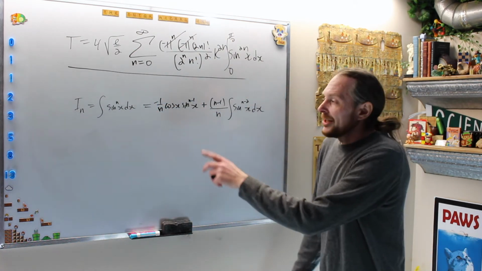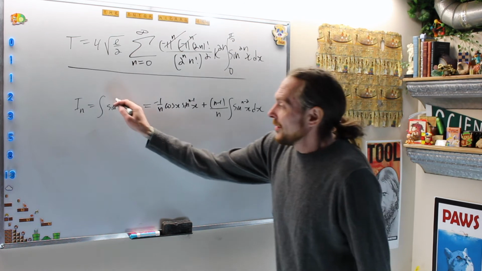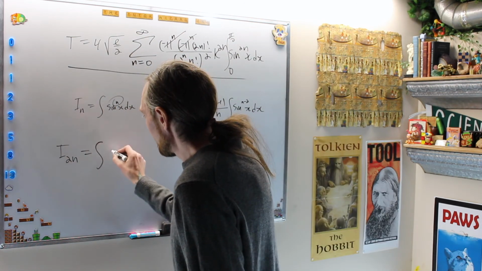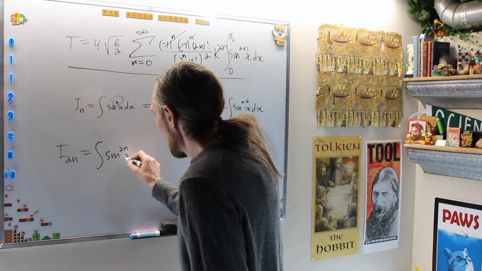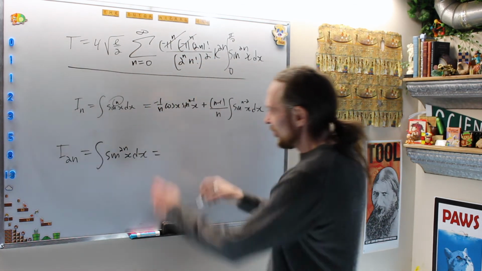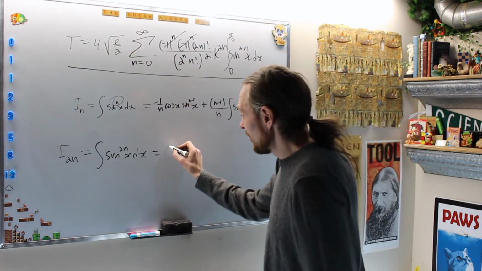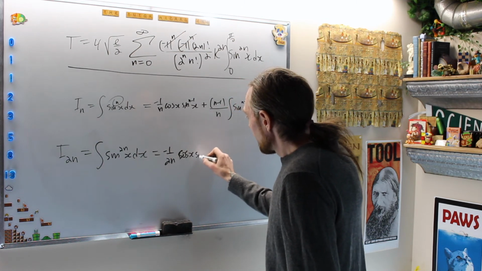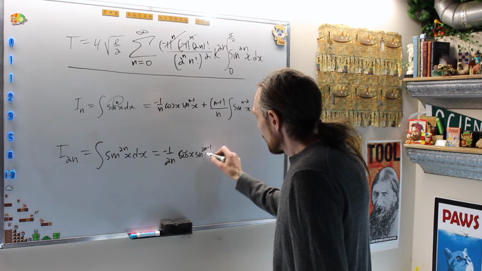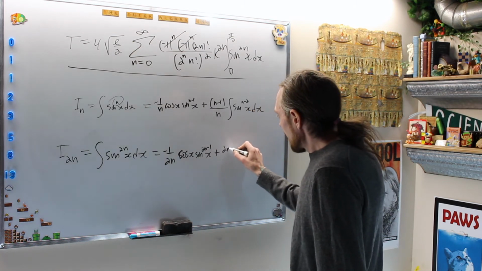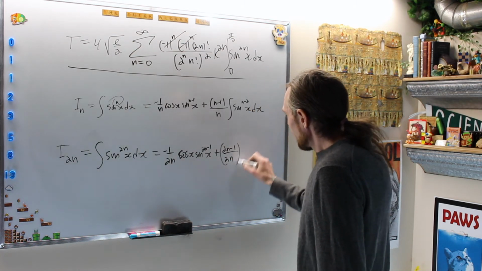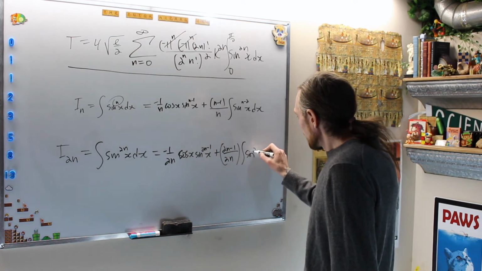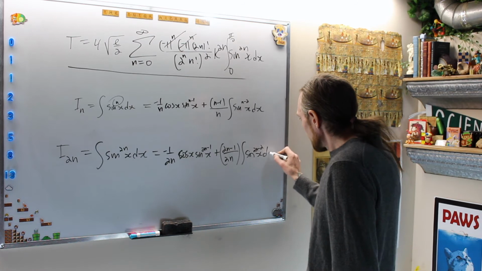Using this now, I'm going to cheat and put 2n in there. So I_2n is equal to the integral of sine^(2n) x dx, which is just putting 2n wherever n was. This is going to be negative 1 over 2n cos x sine^(2n-1) x plus (2n-1) over 2n times the integral of sine^(2n-2) x dx.